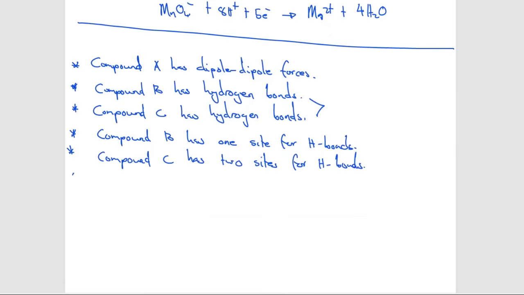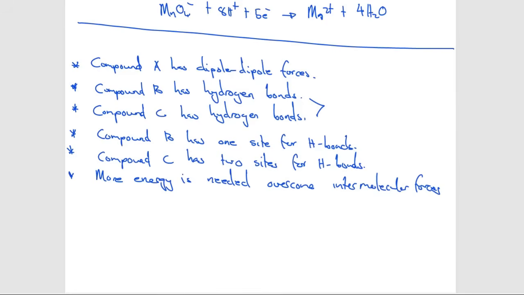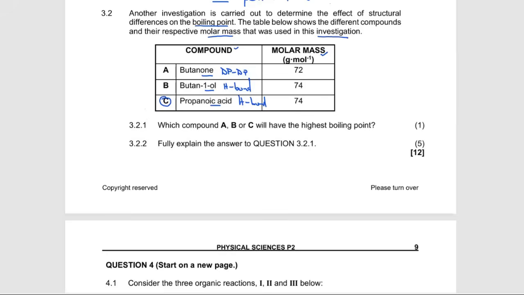So now what does that mean? It means more energy is going to be needed. More energy is needed to overcome intermolecular forces in C than in A, right? So that's how we attempt that question, then moving forward to the next question.